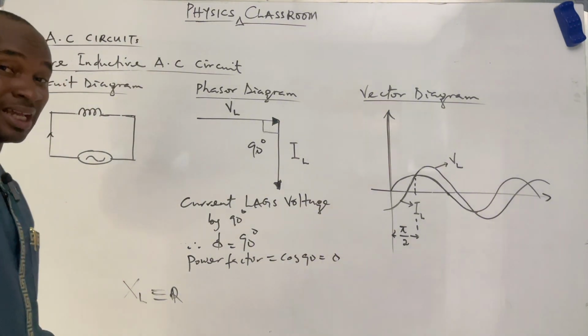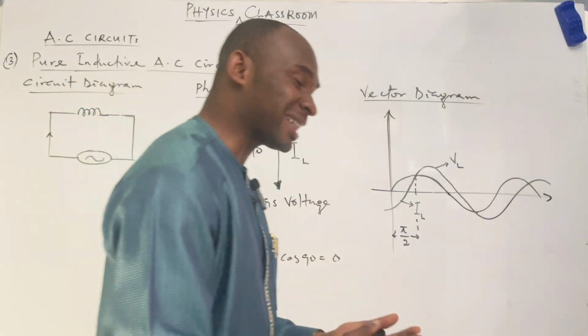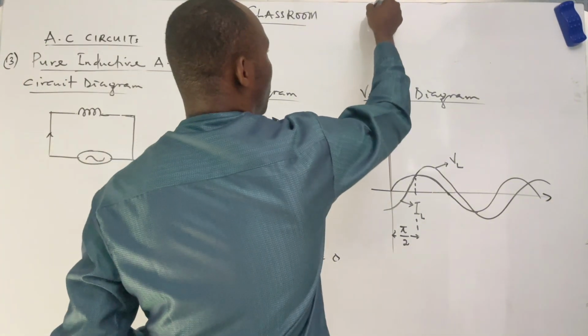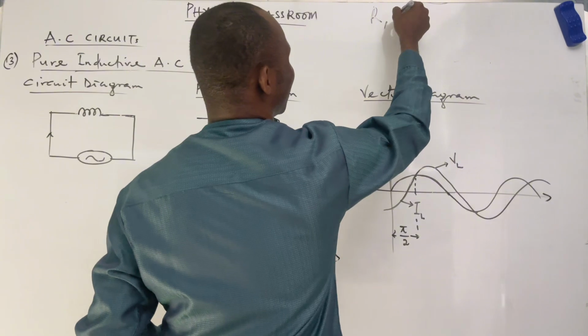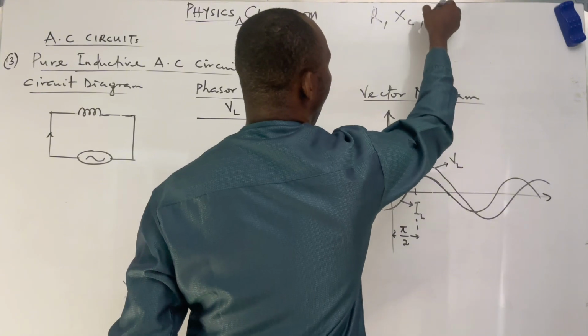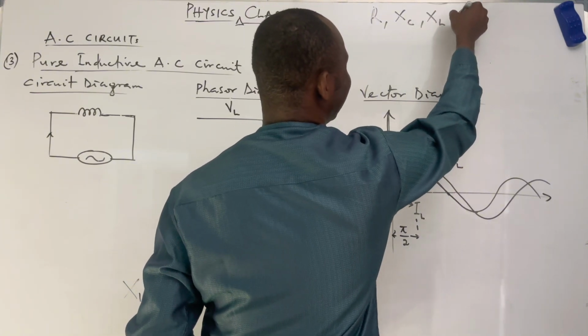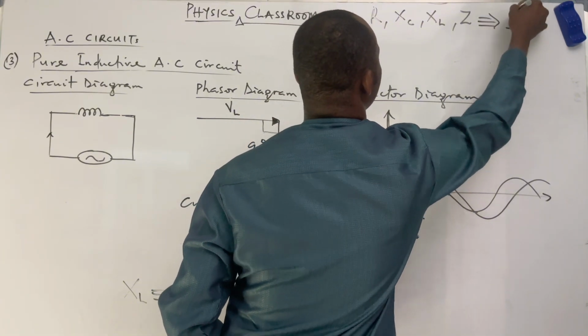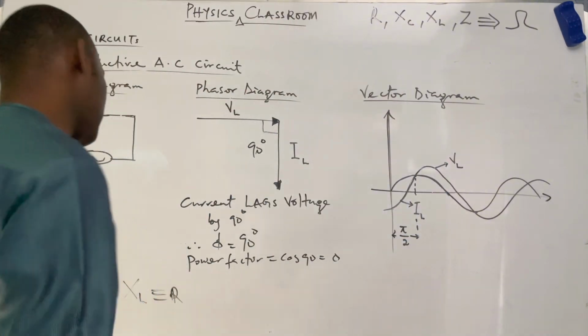So instead of resistance, we substitute it with what? Inductive reactance. I didn't tell you the other time that reactance and impedance are also measured in ohm. So resistance, reactance, either capacitive or inductive, then impedance are all measured in ohms. Take note of that. They can ask you that.